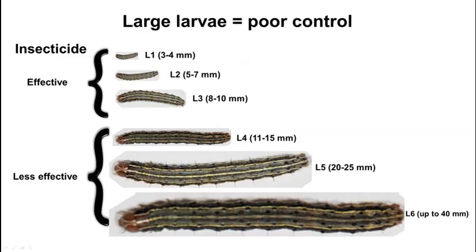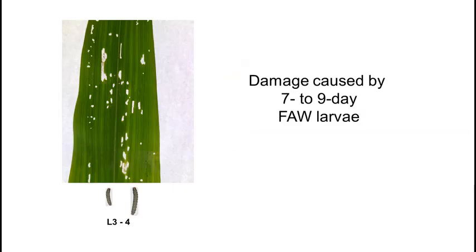Only larvae smaller than 10 millimeters are effectively controlled by means of an insecticide. And those are the larvae that cause the type of damage we do not easily see. This type of damage on a leaf was caused by L3 to L4 larvae, meaning they were 7 to 9 days old. If fields are not scouted regularly, this damage goes unnoticed, resulting in ineffective chemical control.